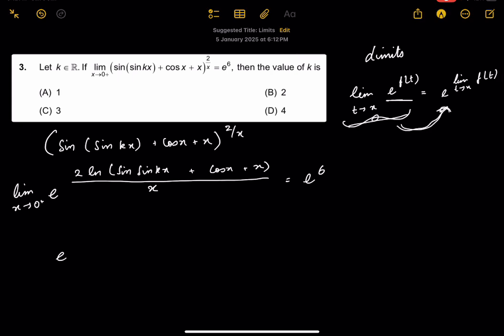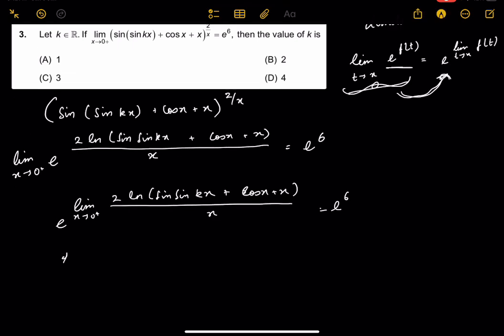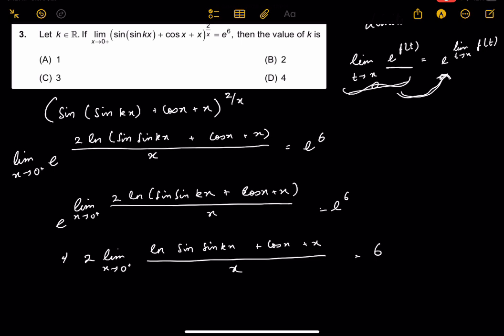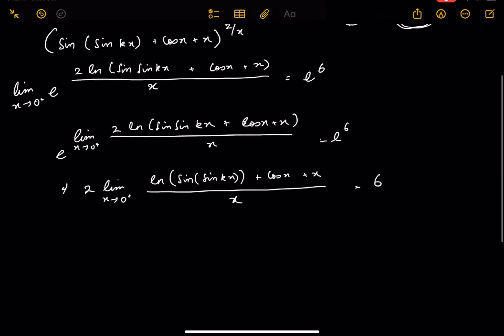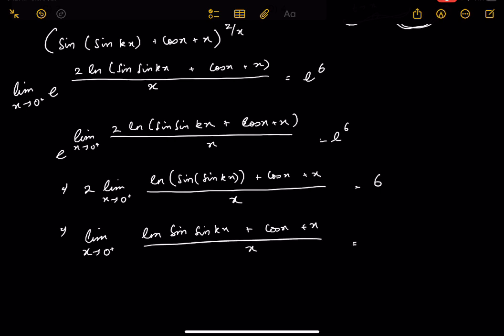So applying it here, we get e to the power of limit x tends to 0 plus of 2 ln (sin kx + cos x + x) upon x is equal to e to the power of 6, which gives us 2 times limit x tends to 0 plus, which gives us limit of ln (sin kx + cos x + x) upon x equal to 3.